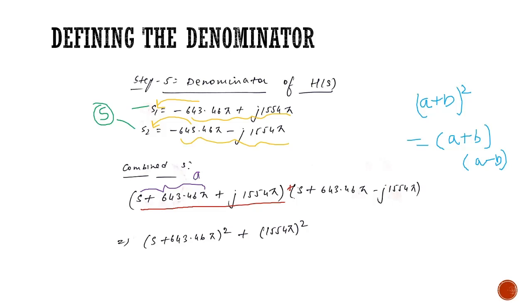This will be our a, this will be our b, similarly this will be our a, and this will be our b. So now we have a plus b, a minus b, and that's how we get our denominator.